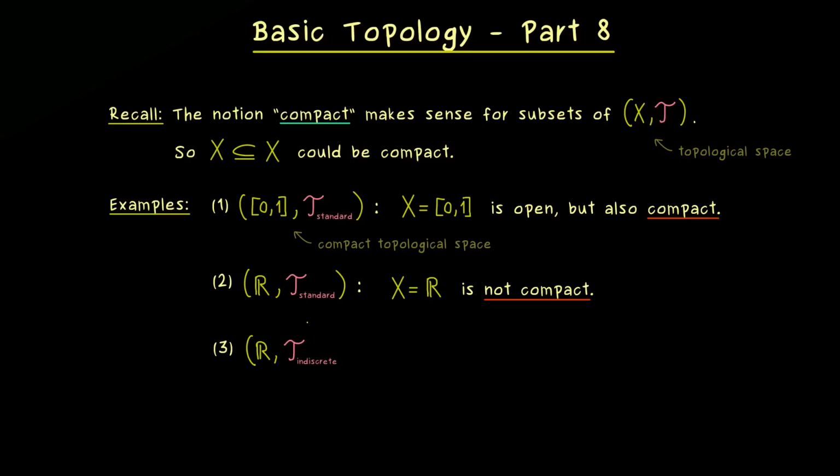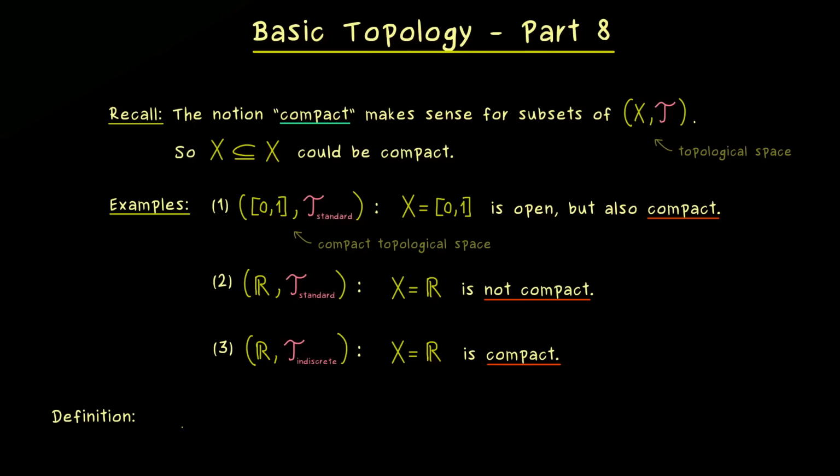For example, the trivial topology, which we call the indiscrete topology, will do it. There we only have two open sets, and for this reason, every subset of R is compact. Hence, here the whole space is a compact topological space. And as you can see, this is a strong requirement, something we would call globally compact.